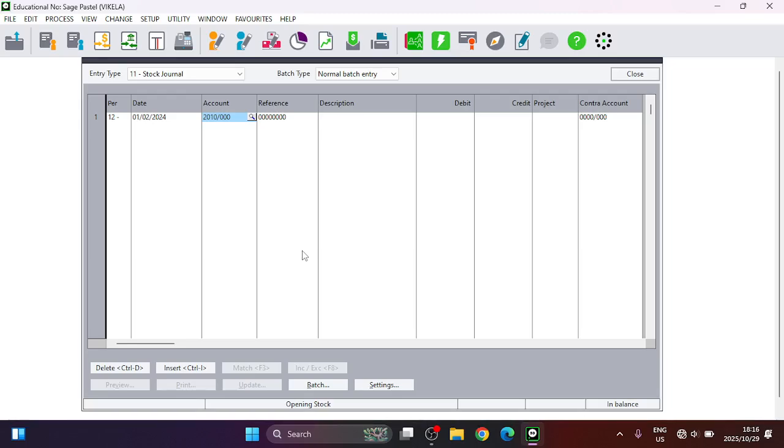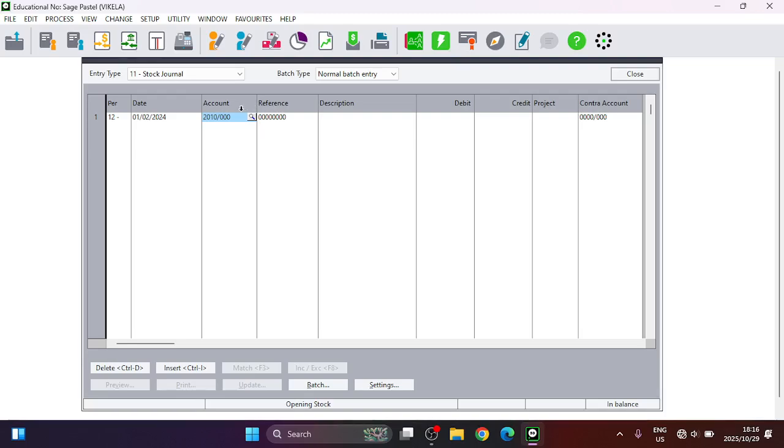So you now would realize that trading stock is an asset and it's a current asset. And current assets have a debit balance. So what you need to do now is to close off that account and bring that figure as the new period's opening stock.